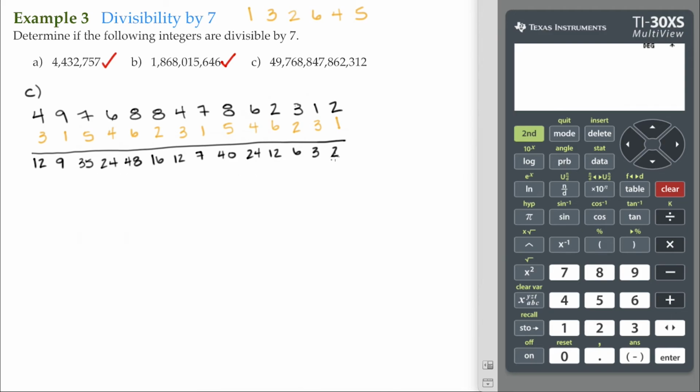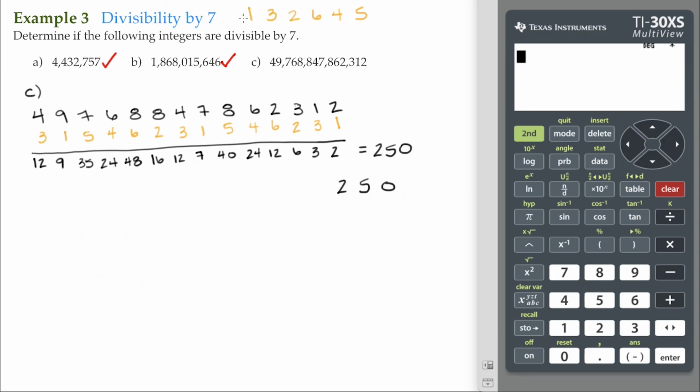Then we sum all these up. If the sum of these numbers is divisible by 7, then this whole number is divisible by 7. So this adds up to 250. And again, rather than using our calculator, we can repeat the process. So we'll take 2, 5, and 0.